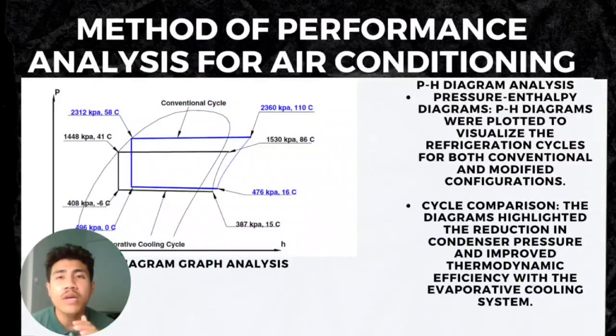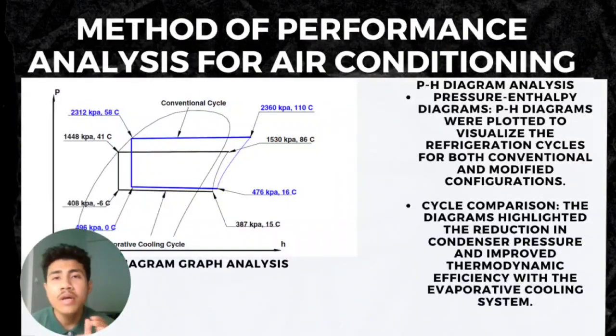At first, we look at the P-h diagram graph analysis, which has pressure and enthalpy plotted to visualize the refrigeration cycle. And at first point, we have the compressor. At the compressor, the pressure will become high, and next we go to the condenser.